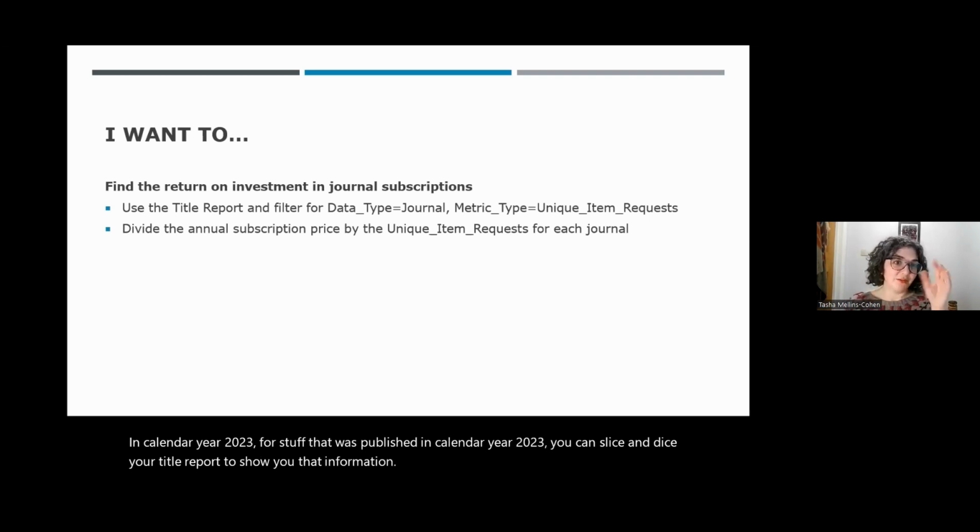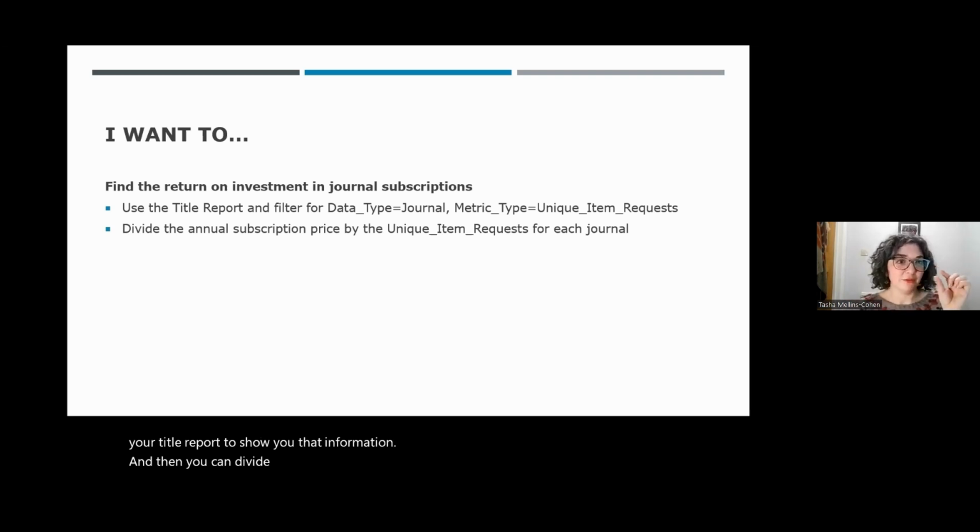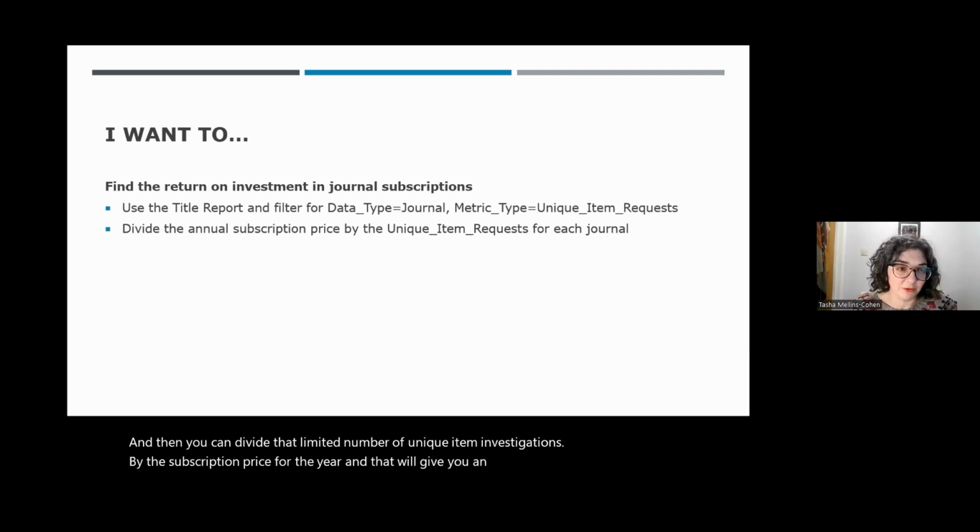And then you can divide that limited number of unique item investigations by the subscription price for the year, and that will give you an accurate cost per download, as it were, for the subscription.